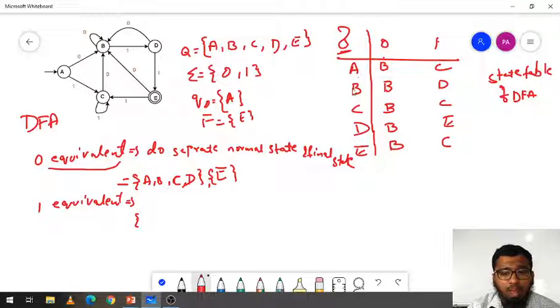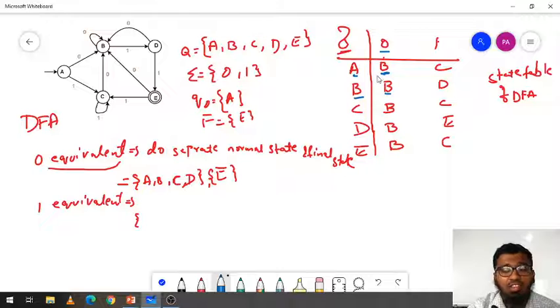When A is on 0, it is going to B, and B on 0 is going to B. This is the first step.